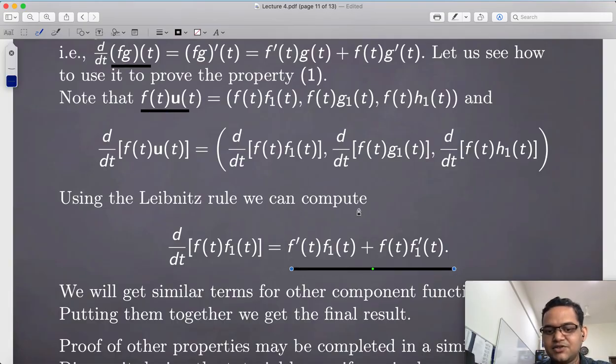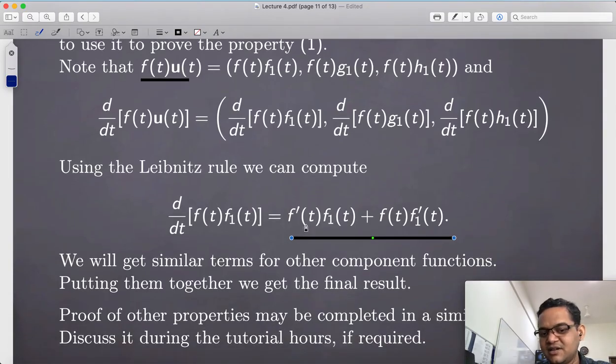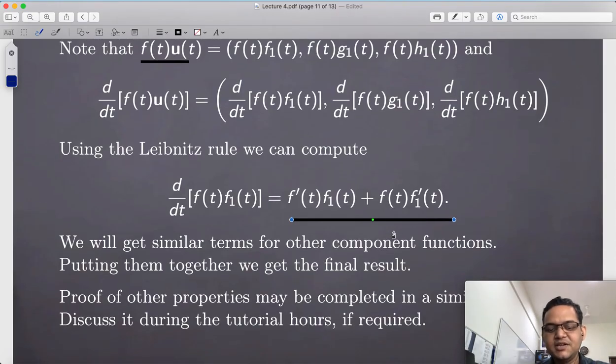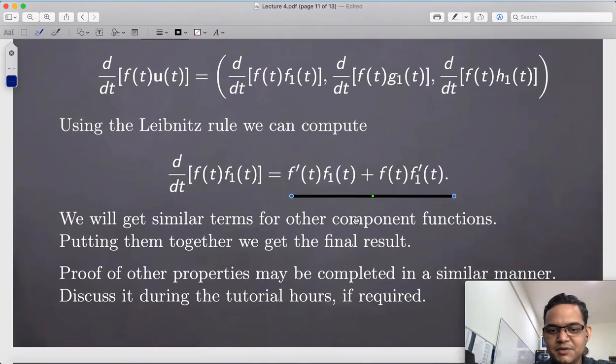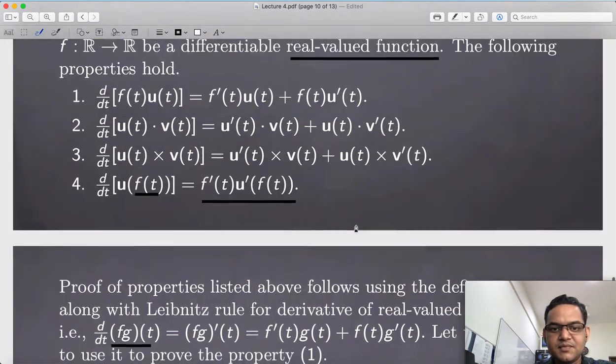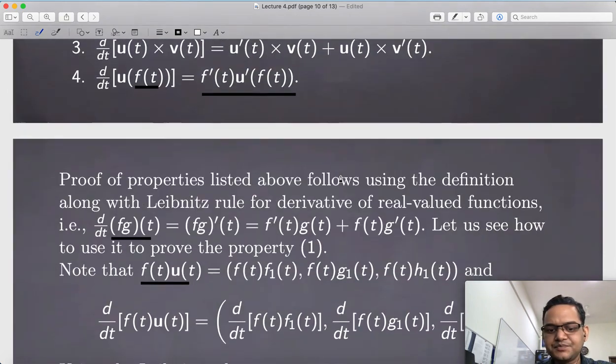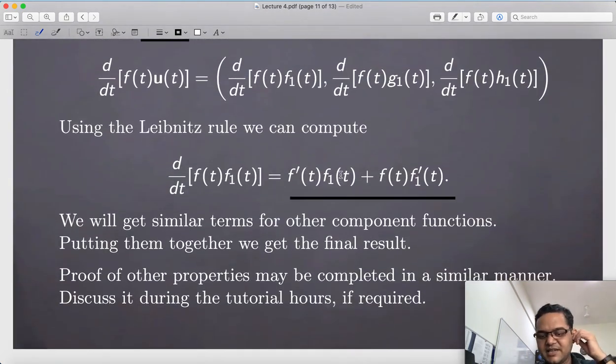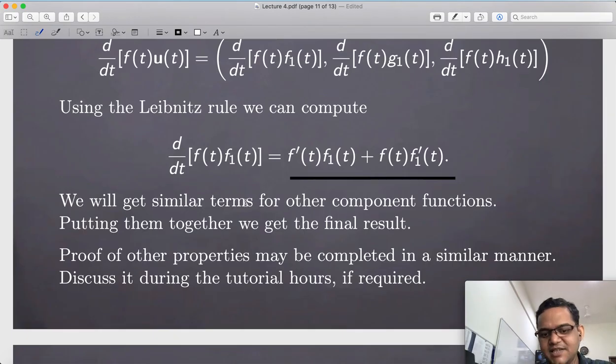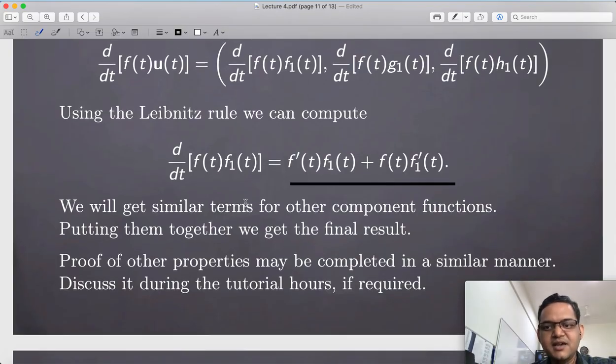Similarly, you get two terms from here and two terms from there, and then you collect the terms corresponding to f prime t and the terms corresponding to f of t. Using scalar multiplication and vector addition, they give you f prime t times u plus f of t times u prime. Similarly you can prove all the remaining properties. That is really not difficult at all.